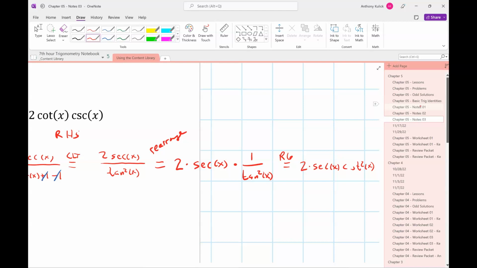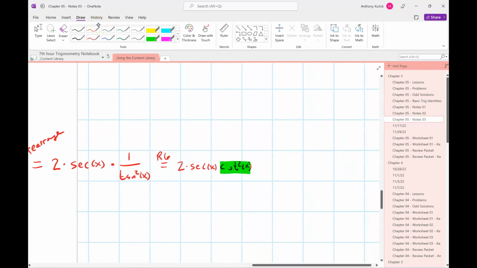All right. Well, that gets us a little bit closer, right? The problem here is, though, that I have a cotangent in my answer, but a cotangent squared in my problem.